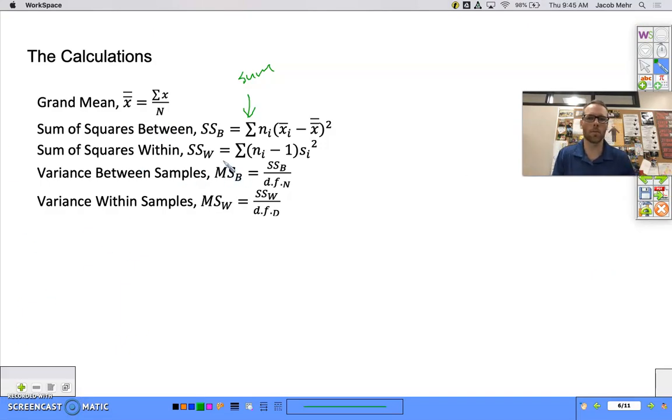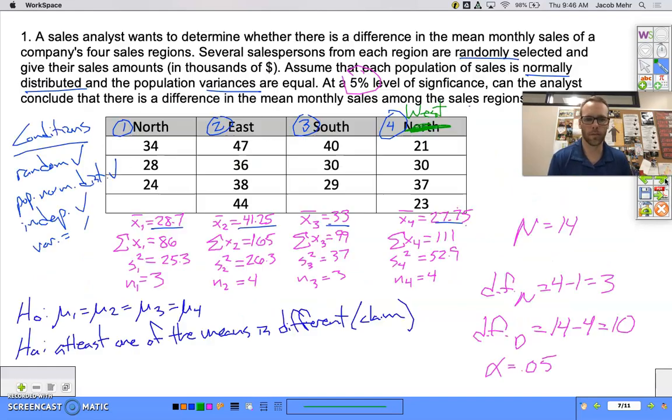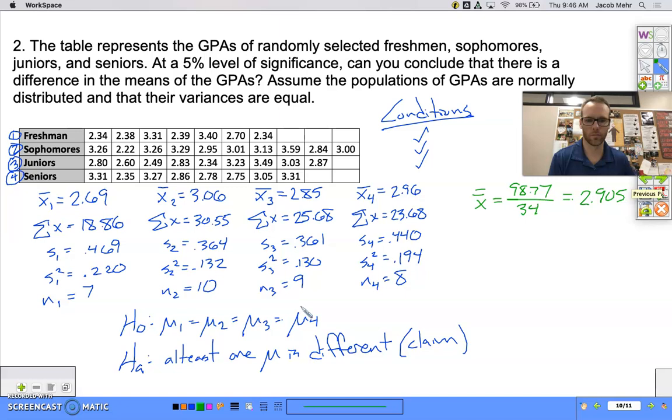The variance between the samples, the mean squares between, is the sum of the squares between over the degrees of freedom of the numerator. Now, how do we get the degrees of freedom of the numerator? We haven't done that yet. Remember, the degrees of freedom of the numerator is the number of samples minus 1. So it's the number of samples, which is 4, minus 1, so the degrees of freedom of the numerator is 3.